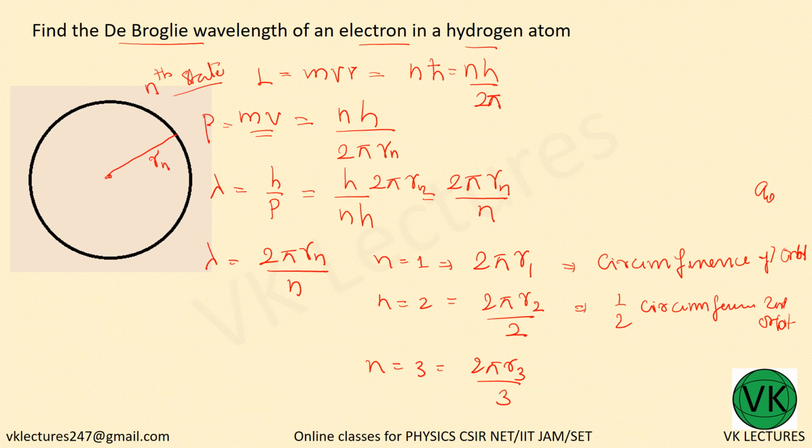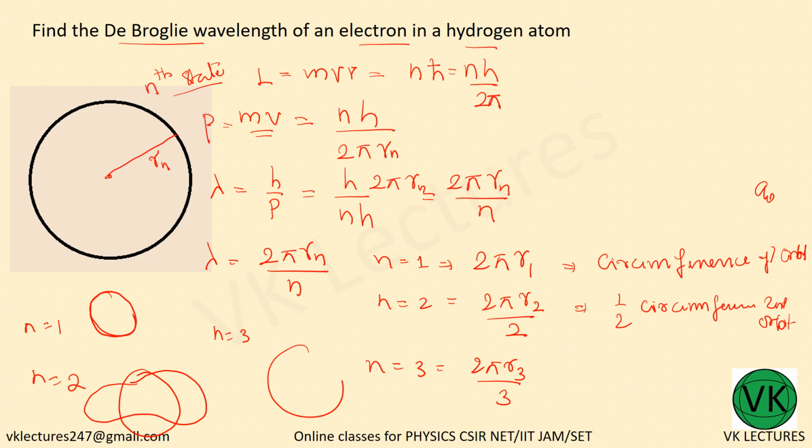So this is how it goes, and that is the de Broglie wavelength of the electron in that hydrogen atom. For n equal to 1, we have already seen how the wave looks like this. For n equal to 2, this will be the shape of the wave. For n equal to 3, this much.